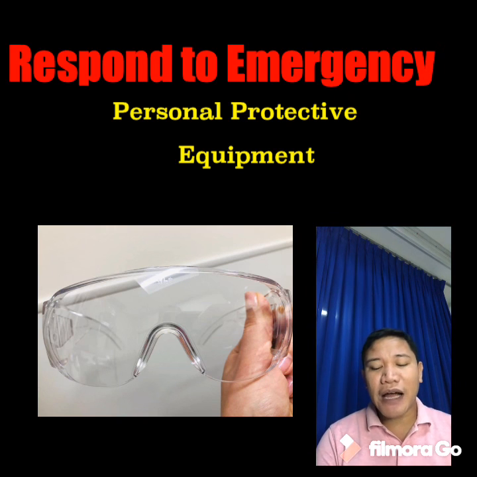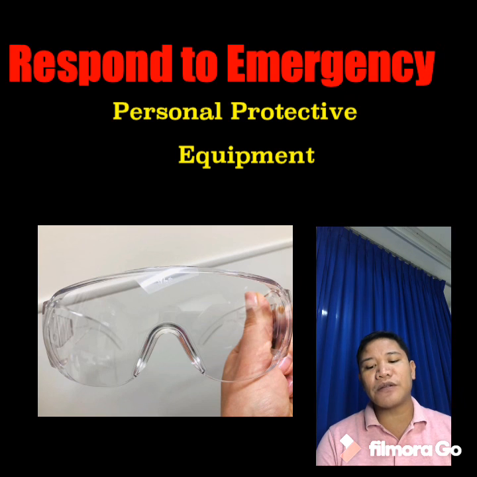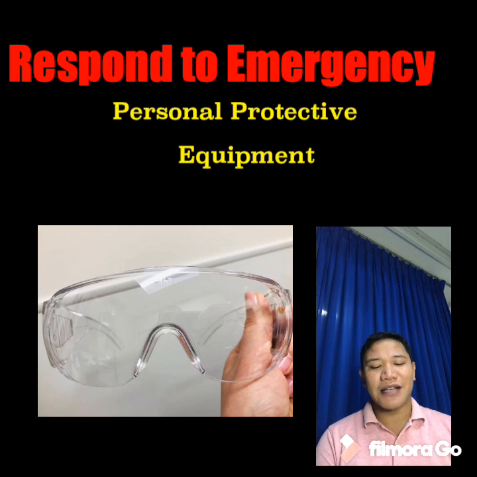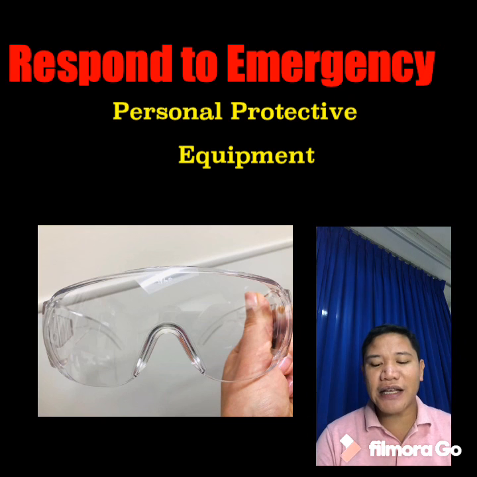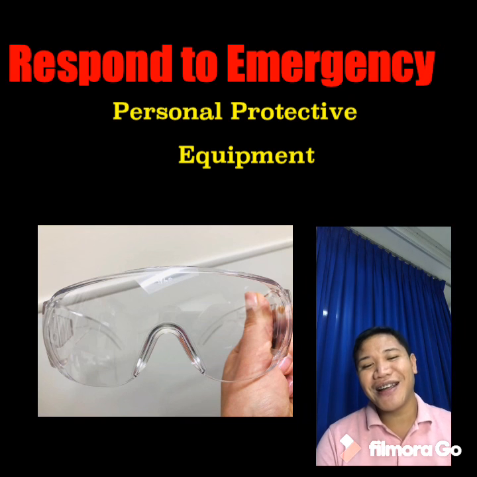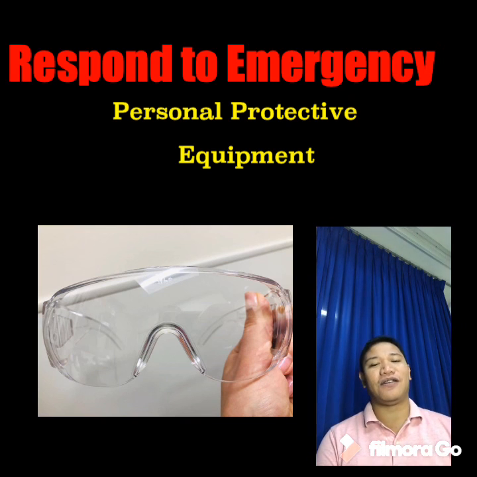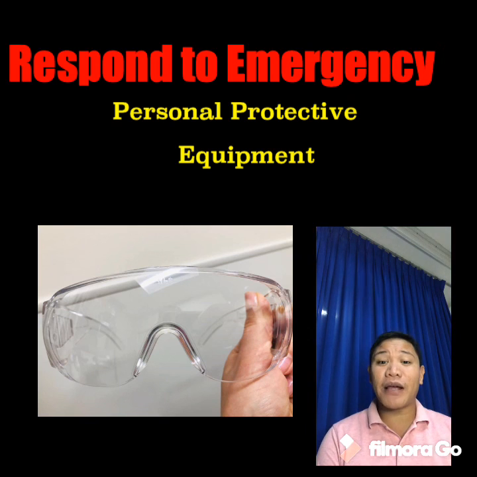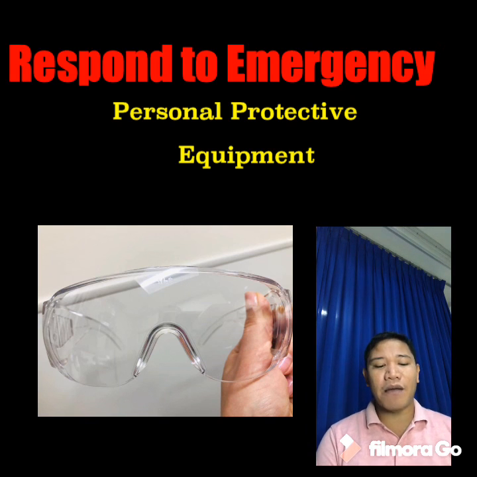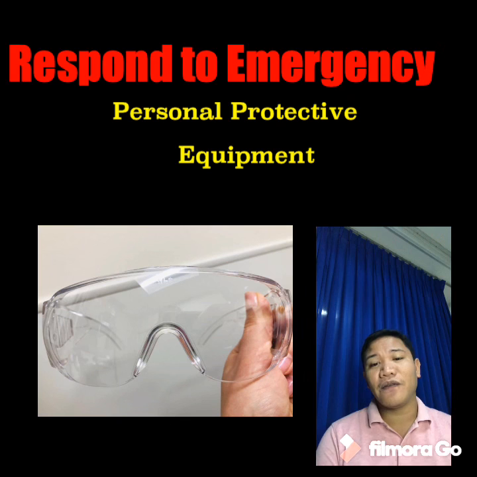Should be worn by staff to protect the mucous membrane of the eye, nose, and mouth during procedure that may generate splashes or spray of blood, body fluids, excretion, and secretion. So personal eyeglasses and contact lenses are not considered adequate eye protection. Okay? It doesn't mean that if you have eyeglasses, hindi ka na gagamit ng goggles or face shield.